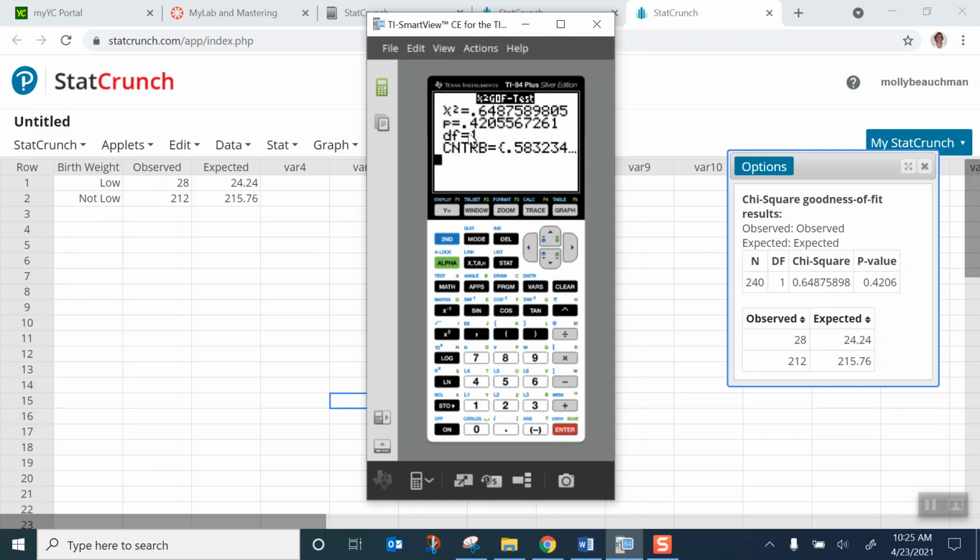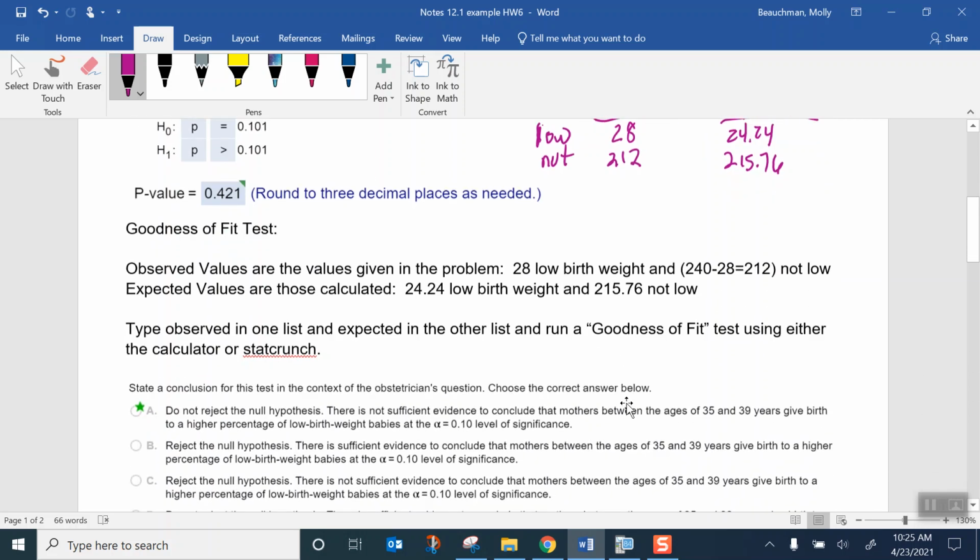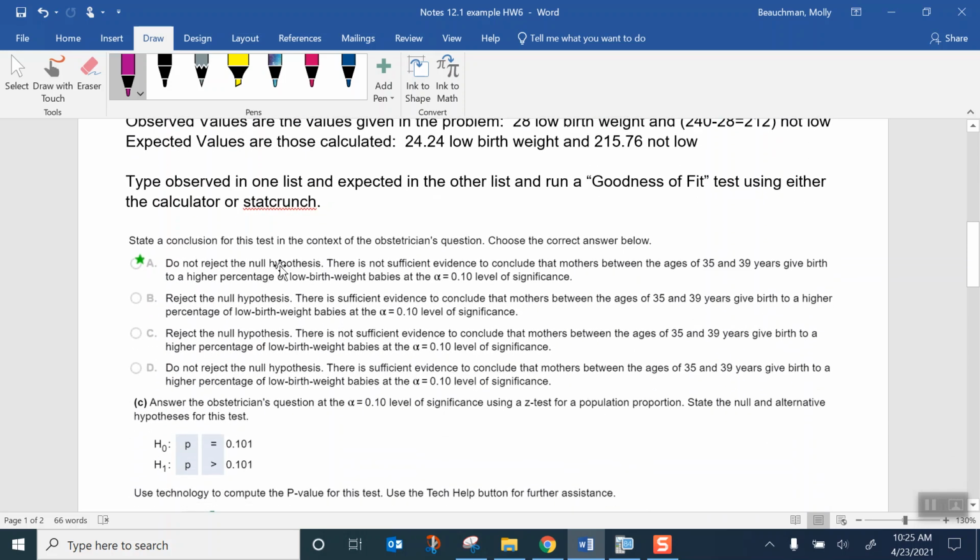And we get a p-value of 0.421. So it doesn't matter which technology you use, you'll still get the same p-value. So the p-value is 0.421. That means we fail to reject the null. There is not evidence to conclude that mothers between the ages of 35 and 39 give birth to a higher percentage of low birth weight babies.